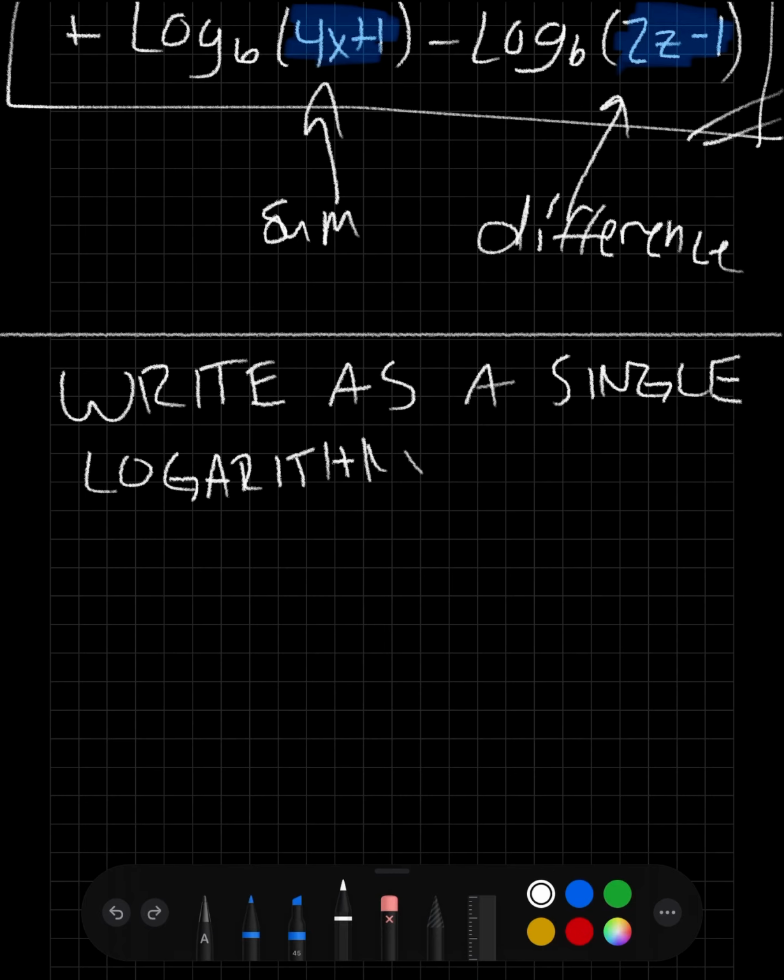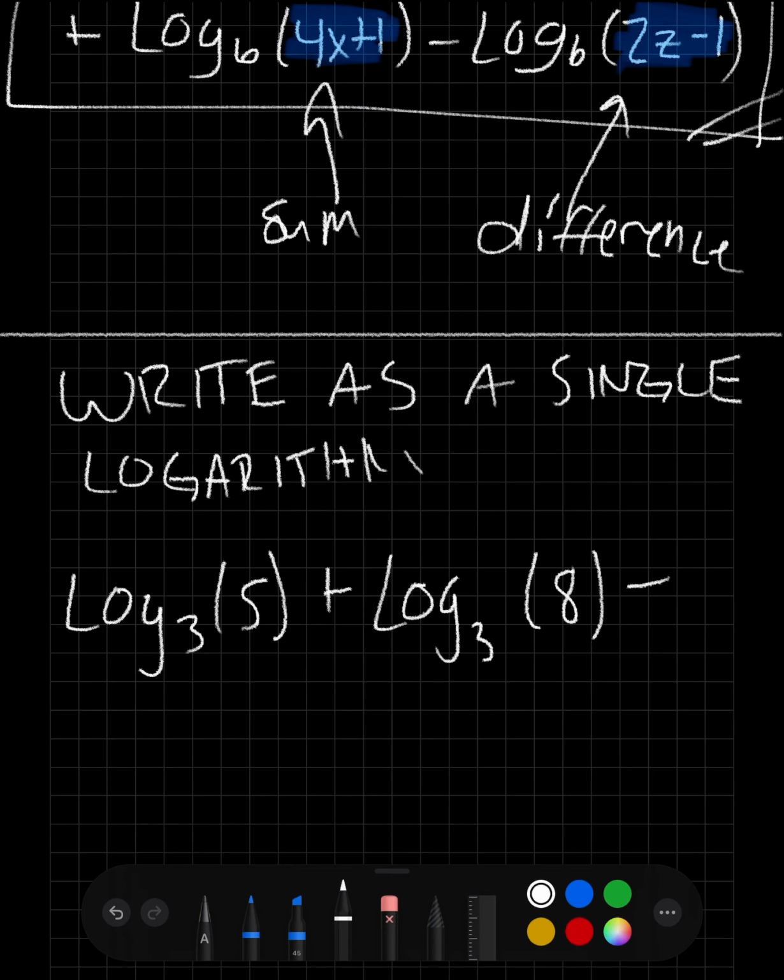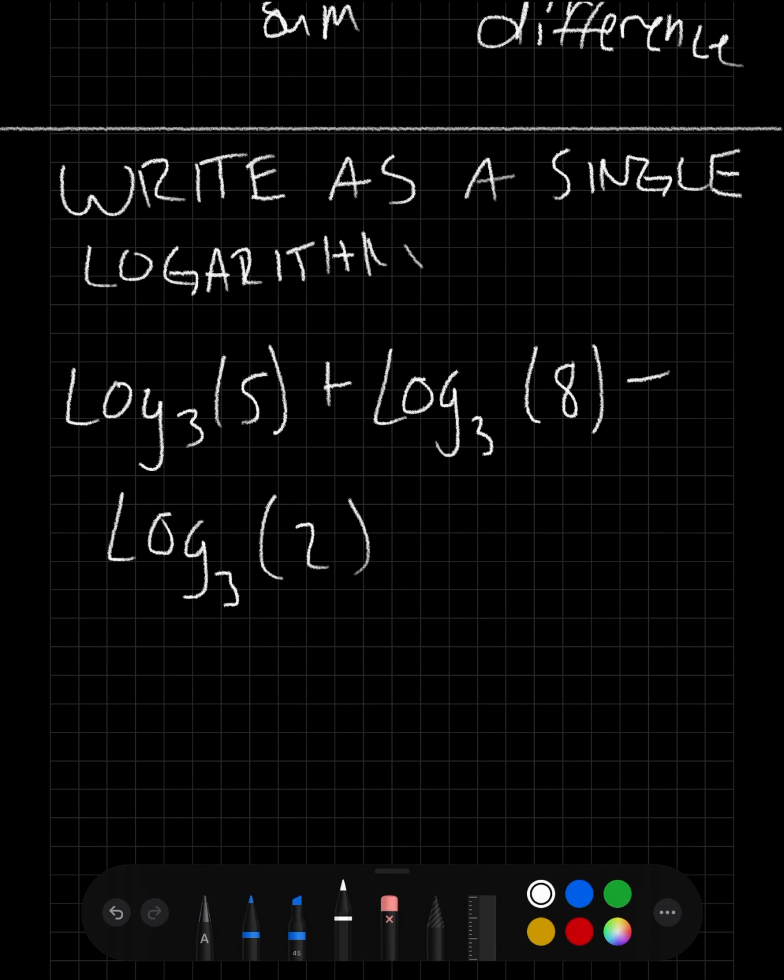So suppose I take this statement here, where we have log base 3 of 5 plus log base 3 of 8 minus log base 3 of 2. What you're looking for here is addition and subtraction, because that will be related to the product rule.